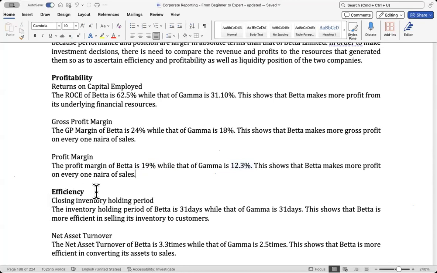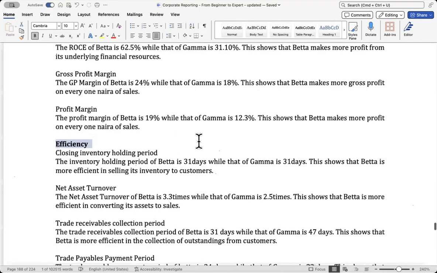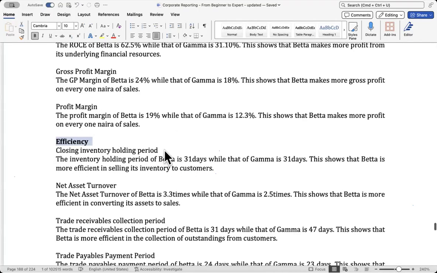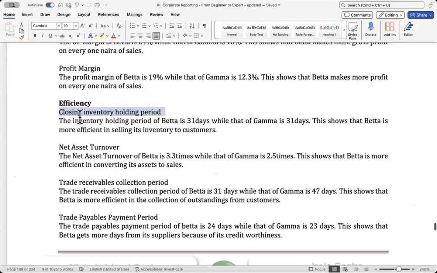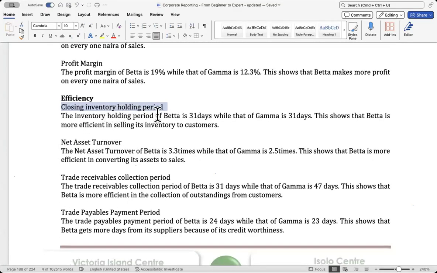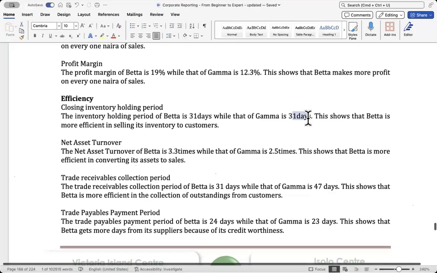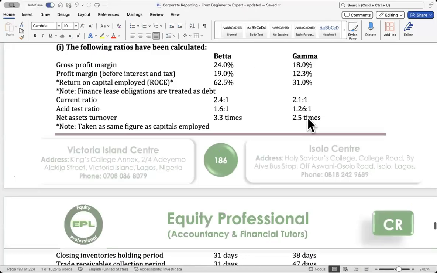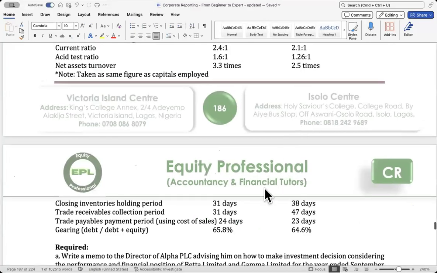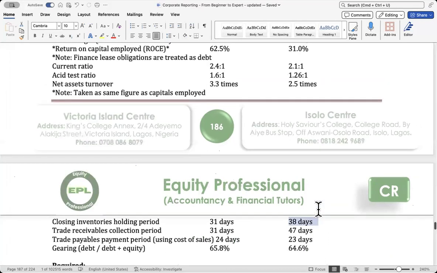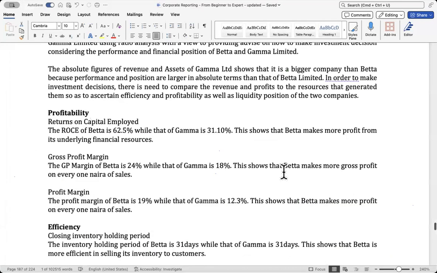Then I go to efficiency. Again, the examiner gave me the closing inventory holding period. I told him that the inventory holding period of Beta is 31 days. Gamma is also 31 days, right? Okay, the holding period for Gamma is 38 days, not 31 days.